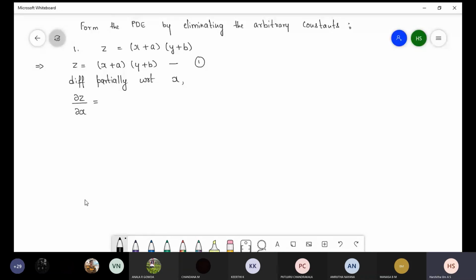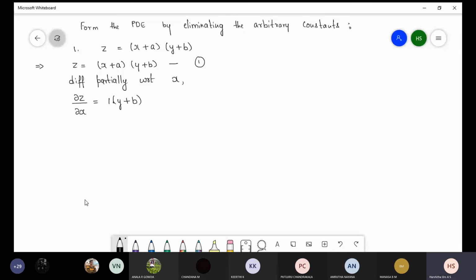What about the differentiation of x partially? 1. Yes, 1. Anyhow, constant a is 0, into y plus b, which is a constant term.